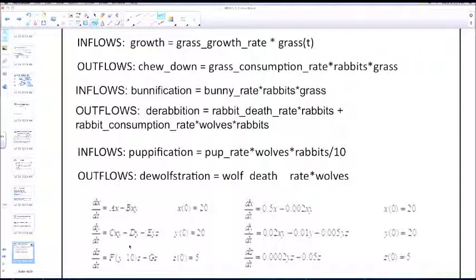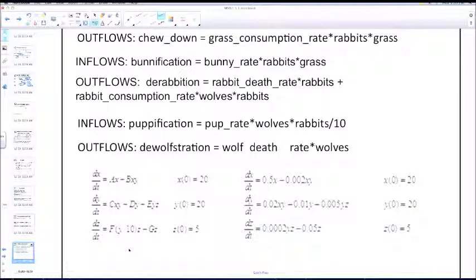So the mathematical models are very similar. You just have a little bit of change. First, we got a new species. The grass is just like the rabbits before, ax minus bxy. But the rabbits act as a predator to the grass.